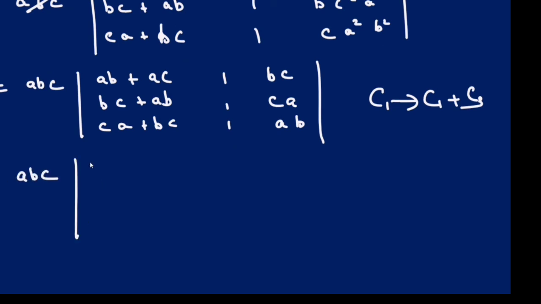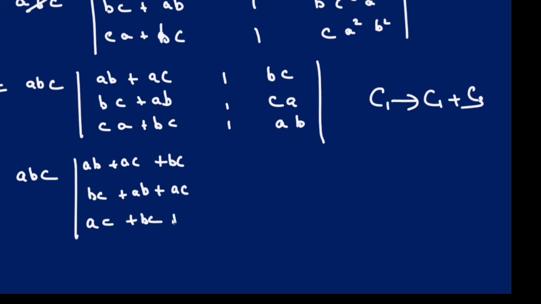So the first column will now be ab plus ac plus bc. I am adding these two: bc plus ab plus ac, ac plus bc plus ab. Then 1, 1, 1 as it is.